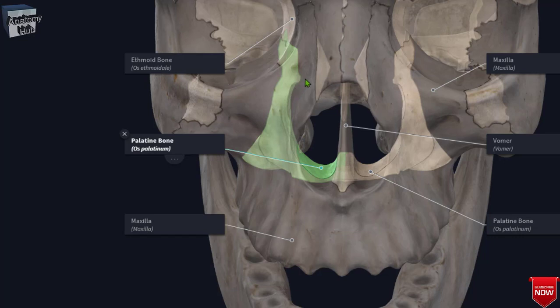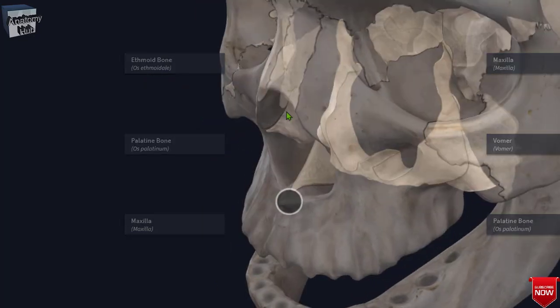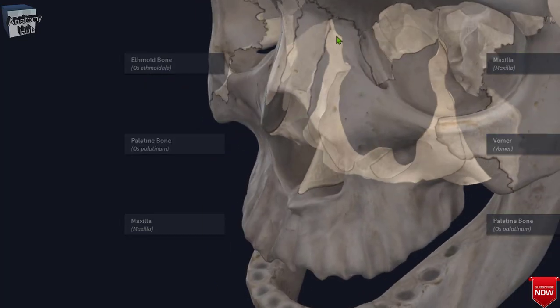Now you come towards the perpendicular plate of the palatine bone. The perpendicular plate is the vertical part of the palatine bone, which forms part of the medial wall of your maxillary sinus also. This perpendicular plate has two surfaces. One is your nasal surface, that you can observe over here.